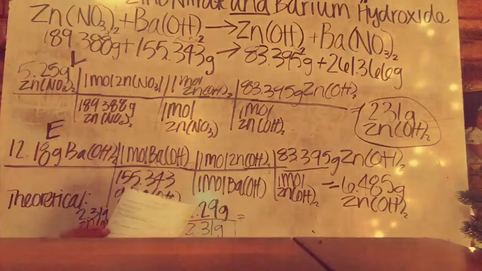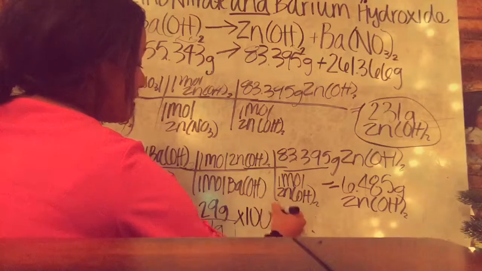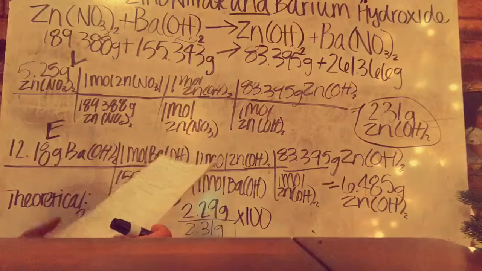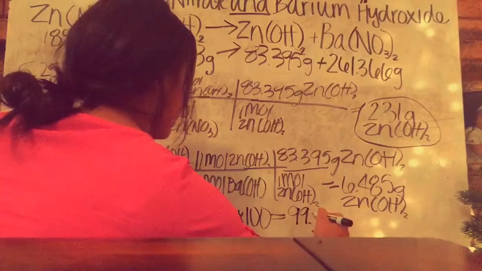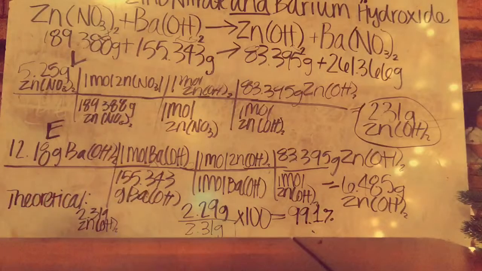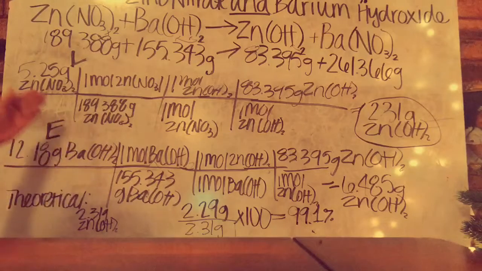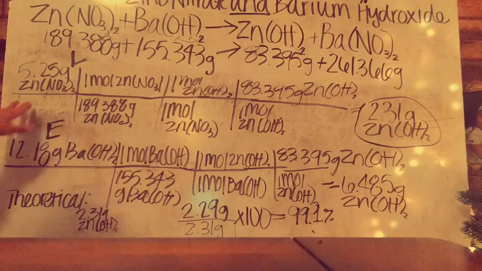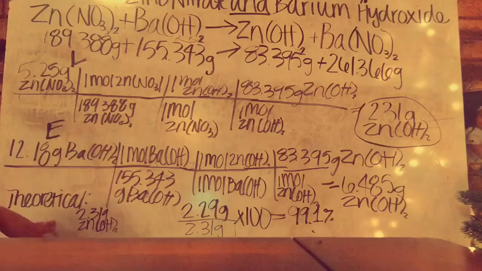So once you divide that, you're going to multiply it times 100 to get the percent, and it is going to be 99.1%. And that is how you find your percent yield. So each step really follows into the next. When you go from mole to mole, you're going to go to a bigger step and do mass to mass. And then that's how you can end up finding your theoretical yield and your percent yield. Alright?